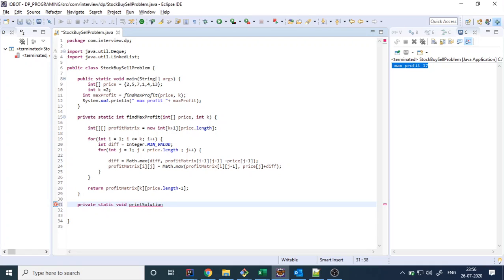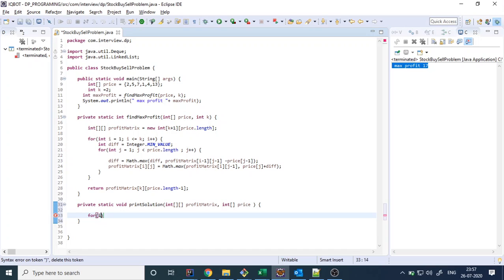How you give the print solution is nothing but you have to give the profit matrix. So the profit matrix is one of the inputs here, and then you have to give the price, right? Price.